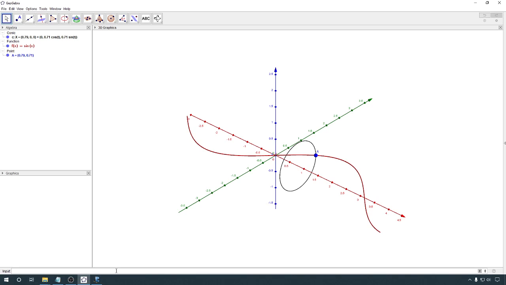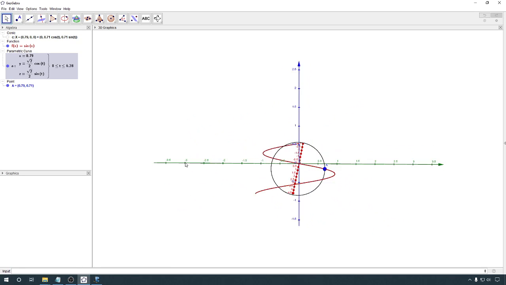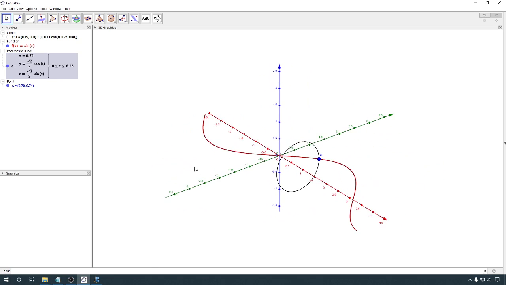So if I graph the curve where x is equal to pi over 4, y is equal to square root 2 over 2 times cosine of t, I'm going to put t in here instead of theta, and z is square root 2 over 2 times sine of t, where t goes from 0 to 2 pi, it gives me exactly the circle that I had before. That's exactly what I wanted.